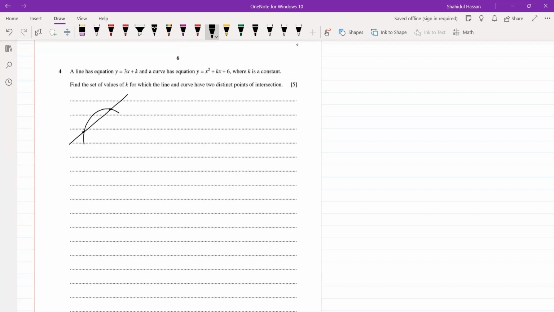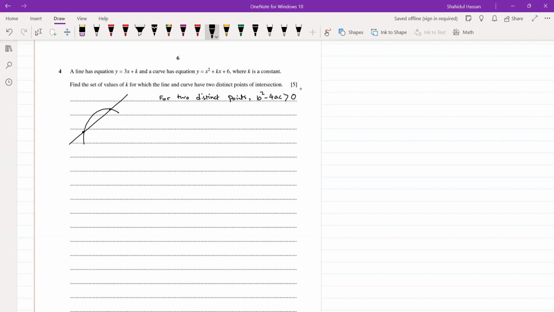If a line and the curve intersect at two distinct points, therefore please understand, for two distinct points, b squared minus 4ac should be greater than 0.